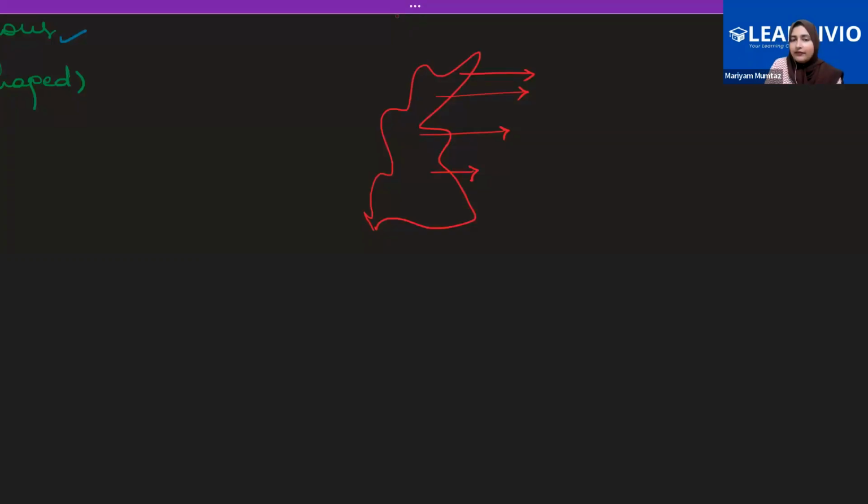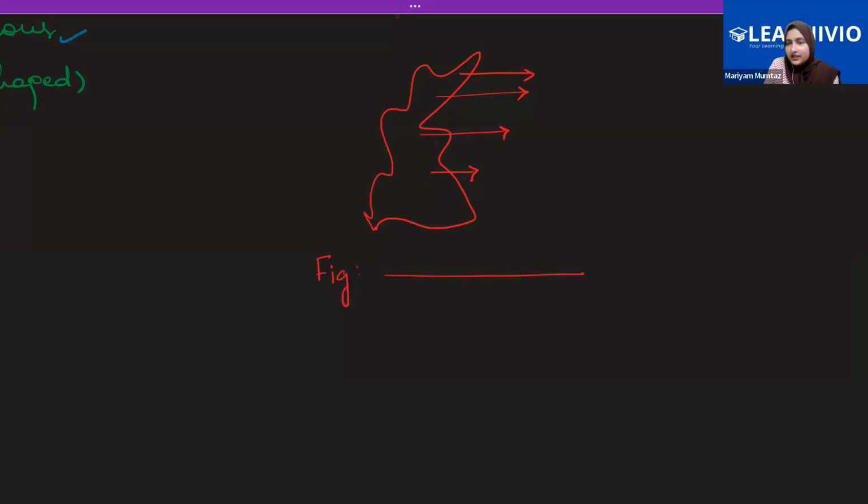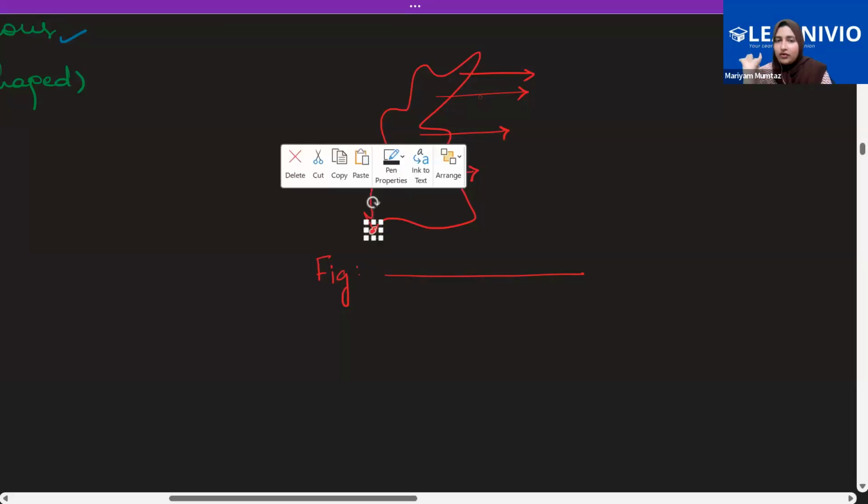So whatever diagram you've drawn, below it you write Fig, put a colon, and then write whatever you have drawn. In this way, you give the teacher the power to imagine that, see, this is what I've drawn. Right?